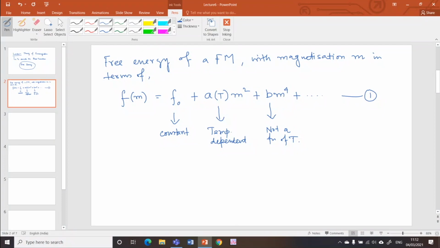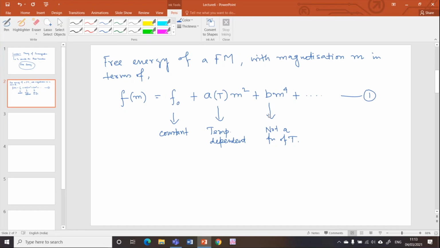Okay, so now the question is, why am I considering only the terms like M square, M to the power 4? Any answer? Anyone? Question, why is the M term missing?